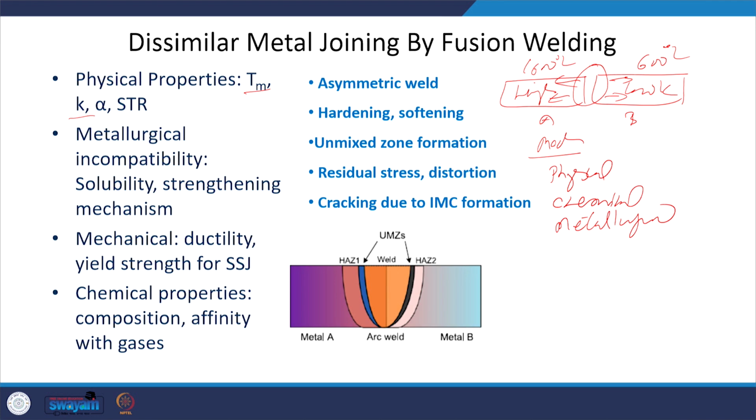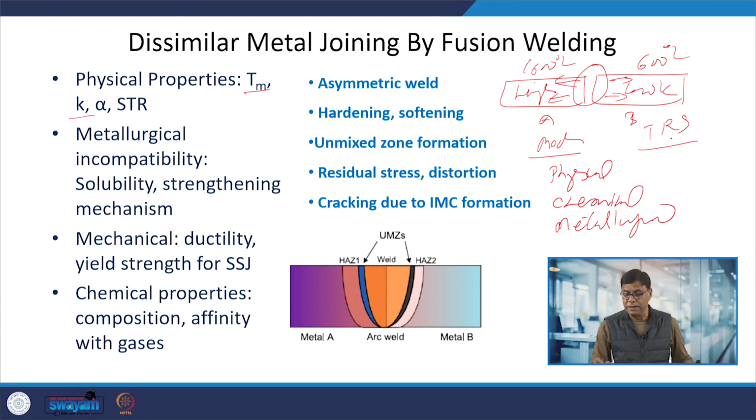Likewise, when the thermal expansion coefficient alpha is different, it causes differential expansion and contraction during welding, and that in turn poses a lot of residual stresses in the metal having the lower thermal expansion coefficient. The metal experiencing these tensile residual stresses will show a greater tendency for cracking.